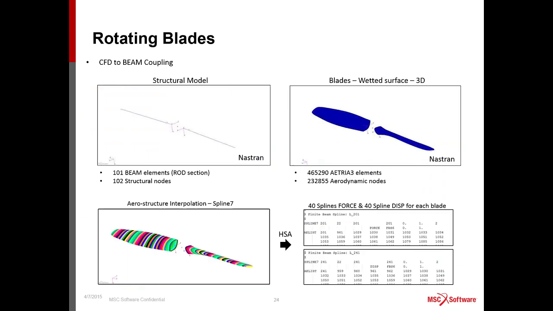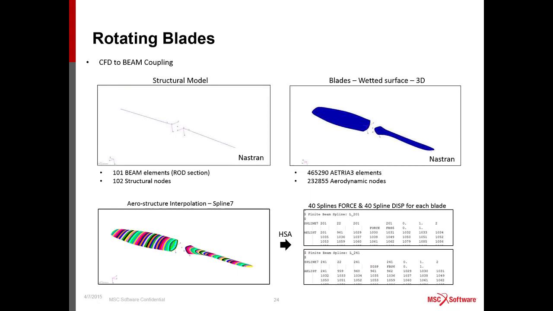If we look at the structural model and the aerodynamic model, we are talking about something like 233,000 nodes. This is pretty huge. In terms of the structural model, we just use 100 beam elements with 102 structural grids.